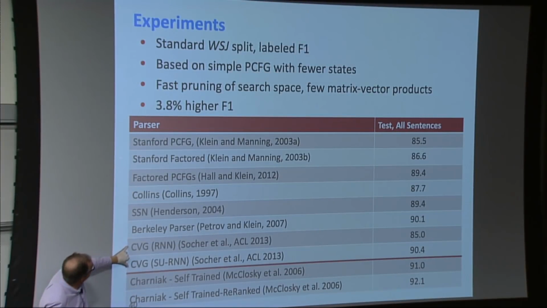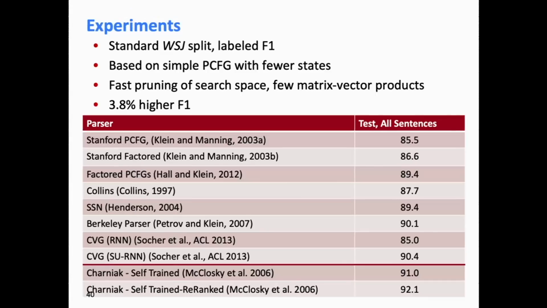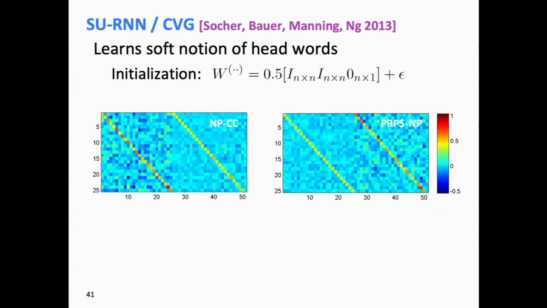At the time of this being done in 2013, it wasn't the very best parser available. There'd been some better work by Eugene Charniak at Brown, but we actually had a pretty good parser coming out of that system. But what was perhaps a bit more interesting was we didn't only have a parser that was meant to give the right parse trees, we were also computing meaning representations of nodes.